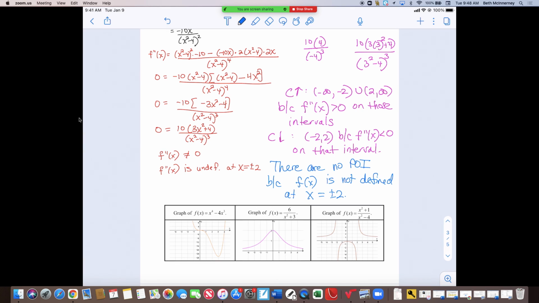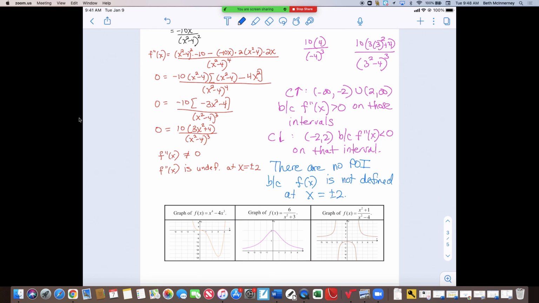Now down below, I have graphed all three of these, A, B, and C. So let's look at the third one here. Do you see this is in fact concave up from -infinity to -2. It's concave up again from 2 to infinity. And it's concave down between -2 and 2, and there's no points of inflection.